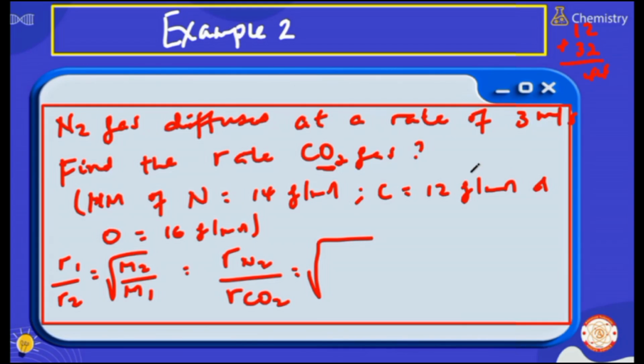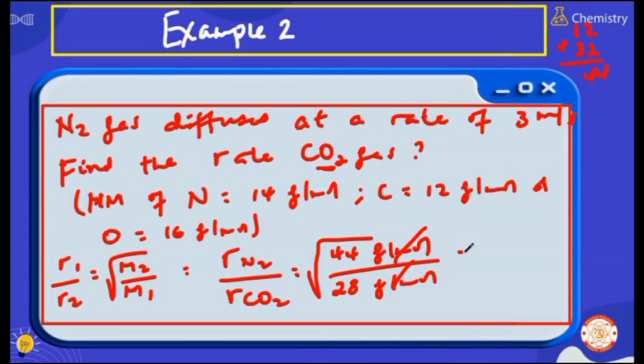Therefore, the molar mass of carbon dioxide is 44 gram per mol over molar mass of nitrogen is 14, and remember it's diatomic, so we have to multiply it by 2. Therefore, it will be 28 gram per mol. Cancel this.